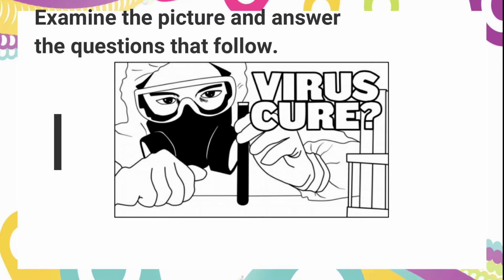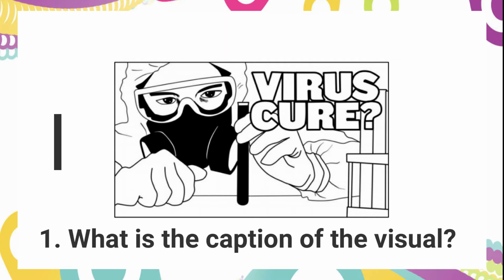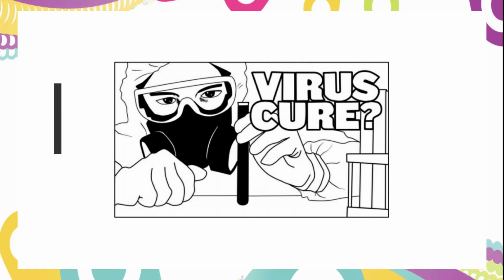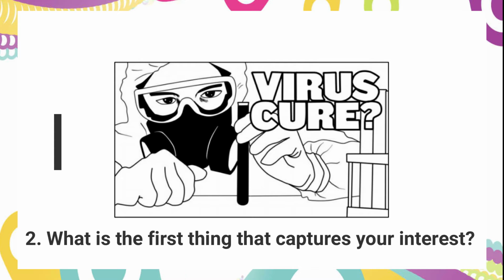Direction. Examine the picture and answer the questions that follow. Okay, let's start. Question number 1. What is the caption of the visual? Question number 2. What is the first thing that captures your interest?